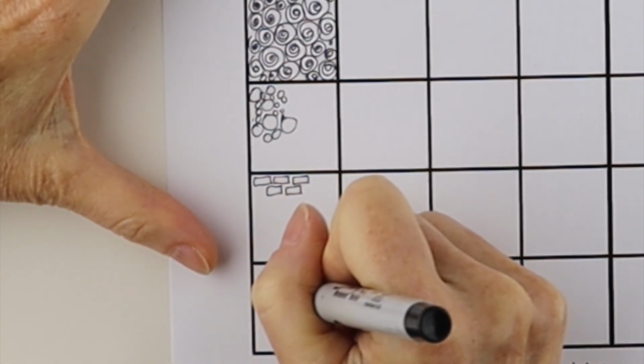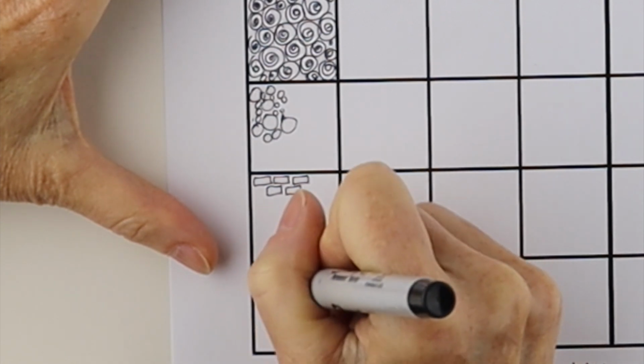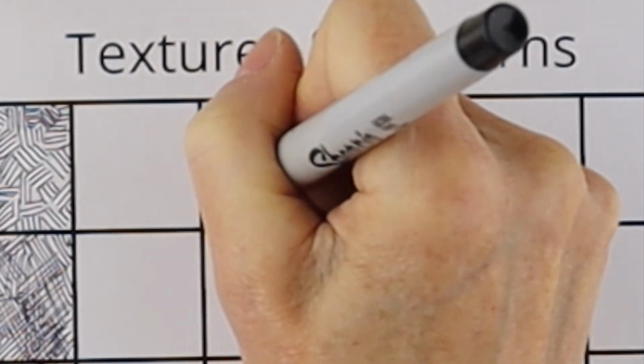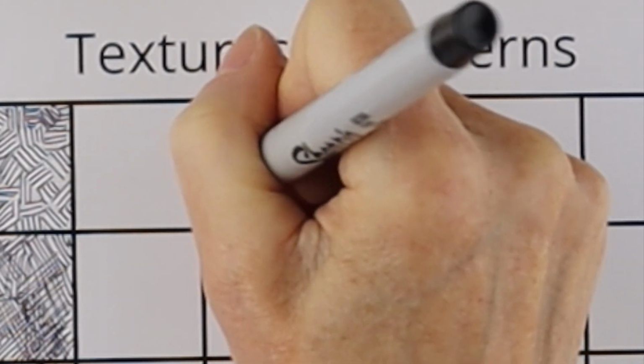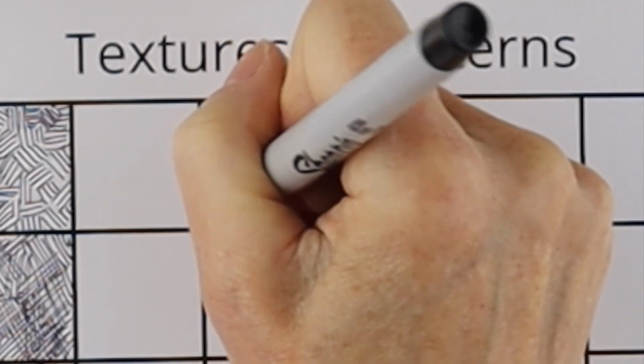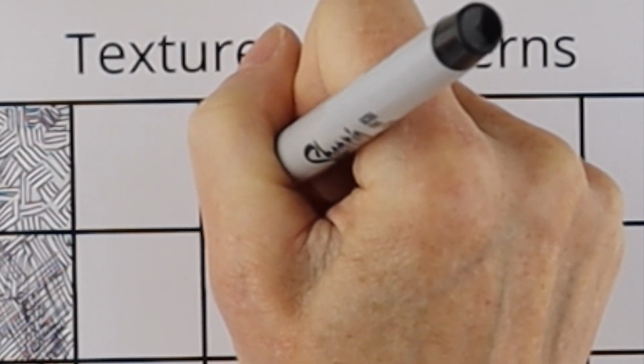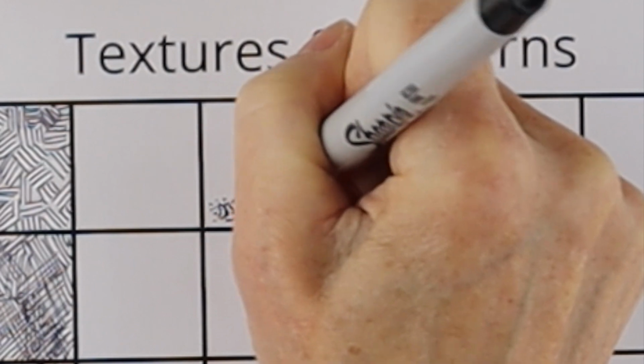You can do scribbles. You can do stippling, which is just dots. And the closer together the dots are, the darker the area will be. So you can experiment with that.